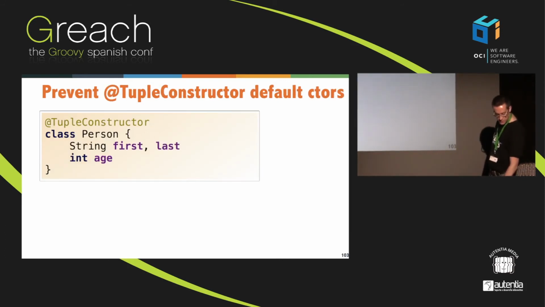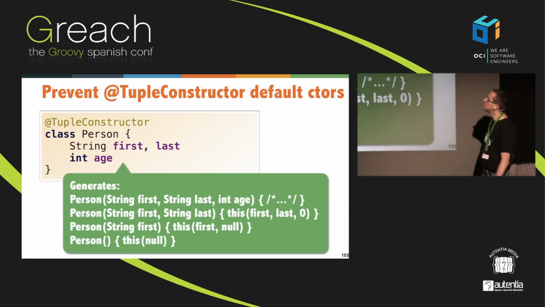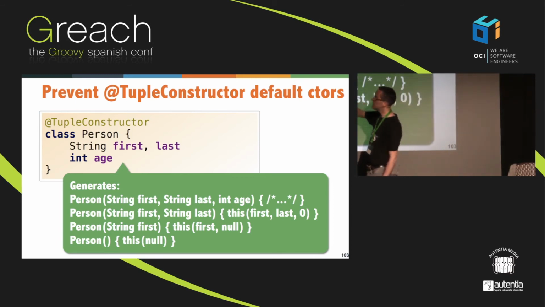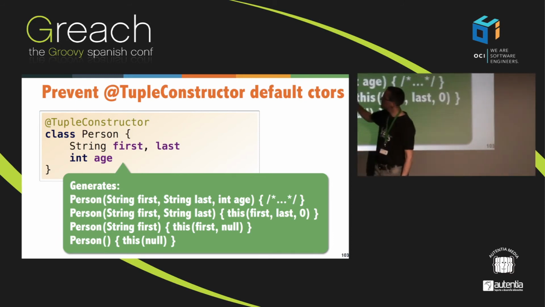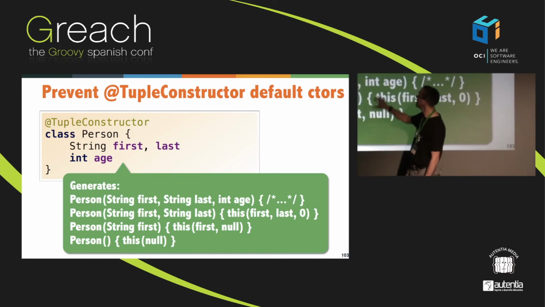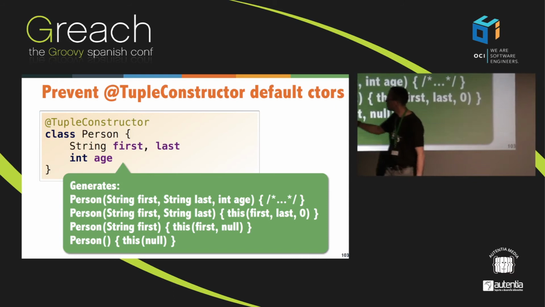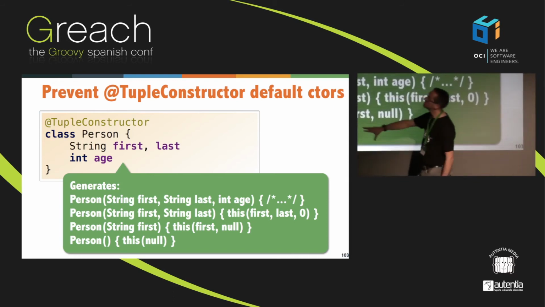The tuple constructors, I don't think many people know about how it's actually working, because people just think that there's a constructor with first, last, and age. But actually, we also create the other intermediary constructors by dropping the last argument each time. So there's also first, last, also first, and also nothing.